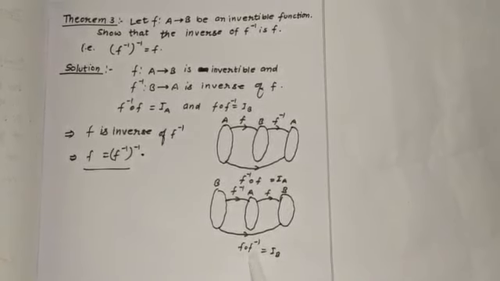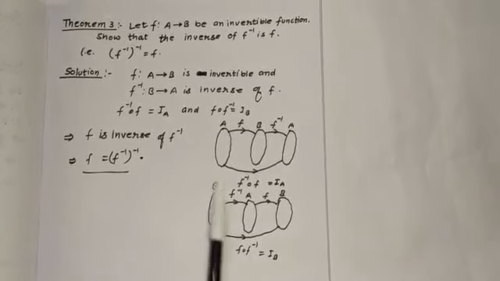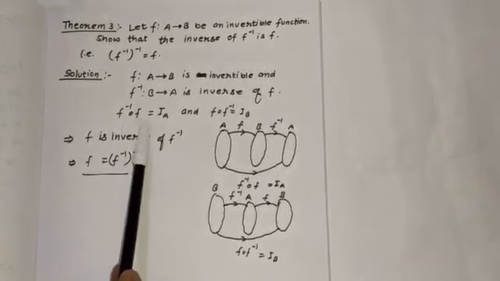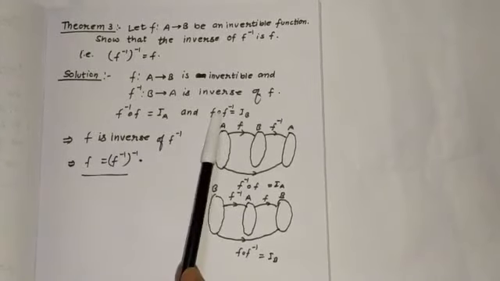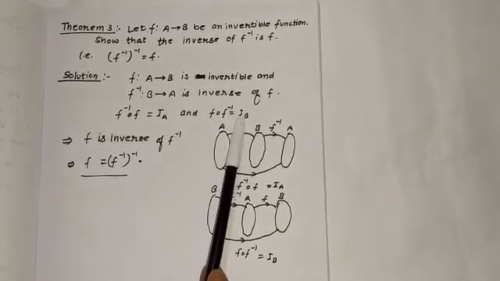It means f of f inverse will be equal to I_B. You can write f inverse of f equals I_A from here, and the composition of f and f inverse will be I_B.